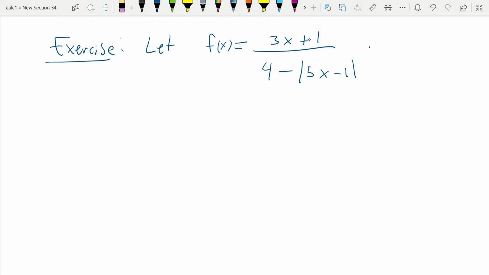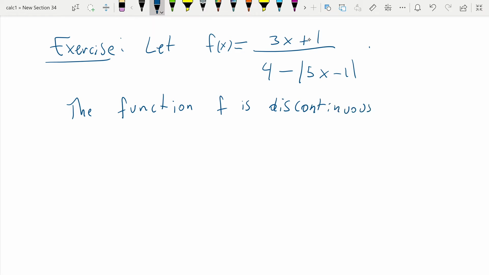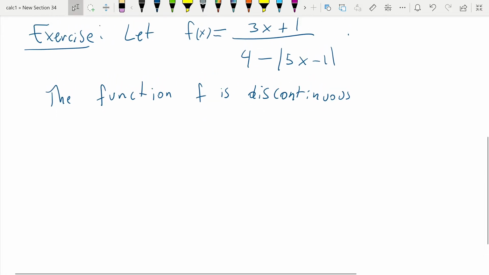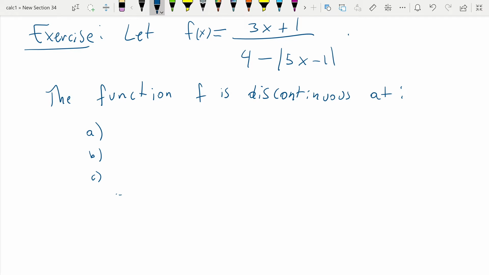Another way, we may give you some alternatives, some choices, and we ask: the function f is discontinuous at, and you may be given a bunch of options: A, B, C, etc. This may consist of more than one option, so we may give you 1, 2, 3, and then you have to select.